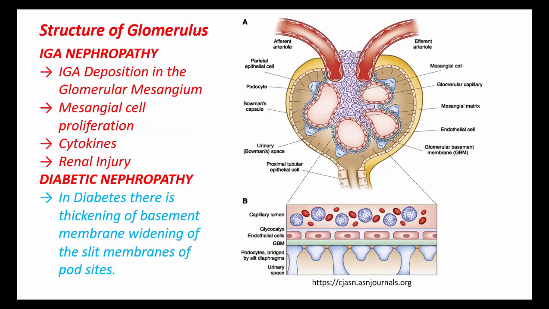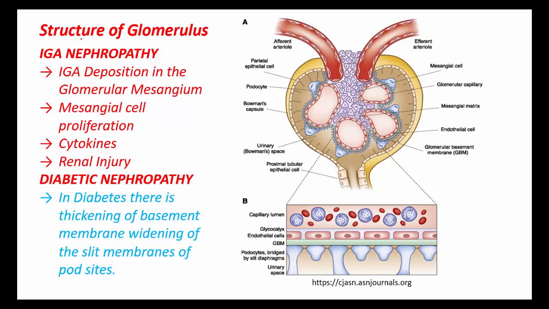These cells that have finger-like projections are the podocytes, and between the endothelial cells of the glomerular capillaries and the podocytes there is a membrane, which is called the glomerular basement membrane. And these are the proximal tubular cells, and this space is the Bowman space.